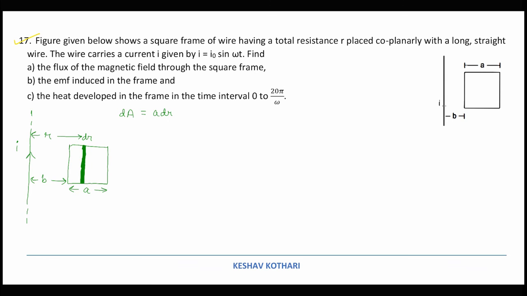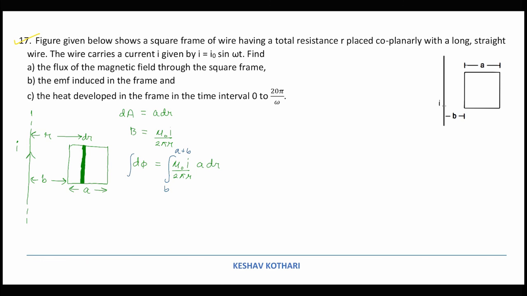Now magnetic field due to current carrying wire can be written as mu naught I upon 2 pi r. So the value of flux associated with this small patch or small area is equal to mu naught I upon 2 pi r a dr, and now we are integrating both sides. While we are integrating both sides, the limit of integration is from b to a plus b.